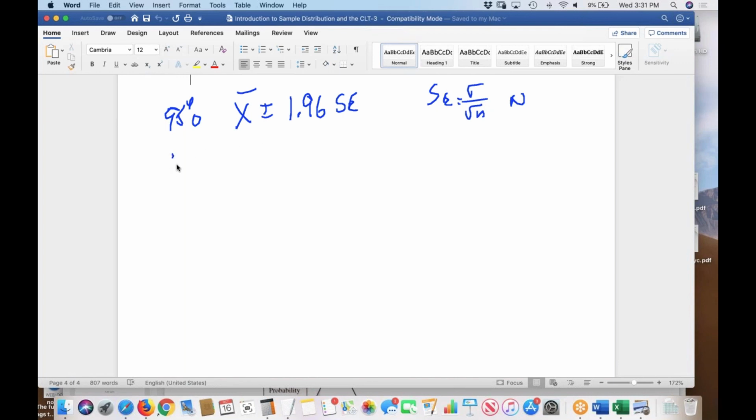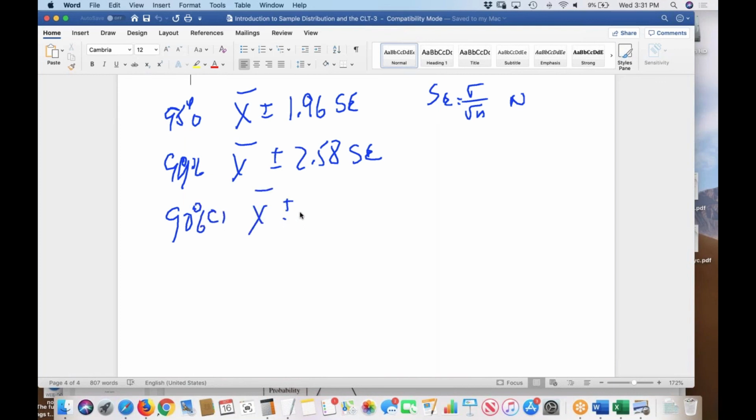And our 99% confidence interval is going to be X bar plus or minus 2.58 times our standard error. And our 90% confidence interval is going to be X bar plus or minus 1.64 times our standard error. And that's it. That's as hard as this gets.